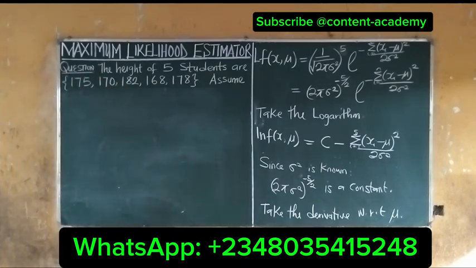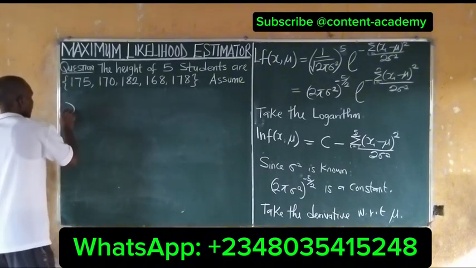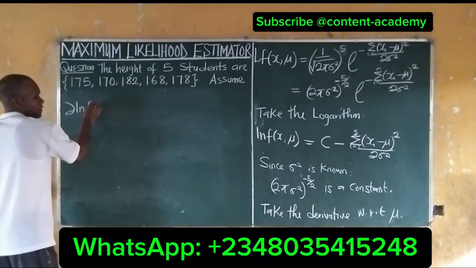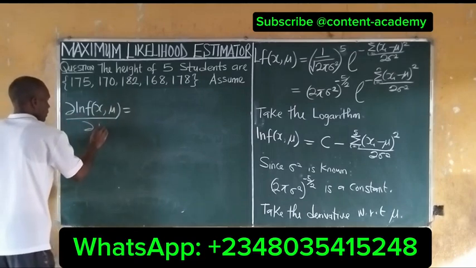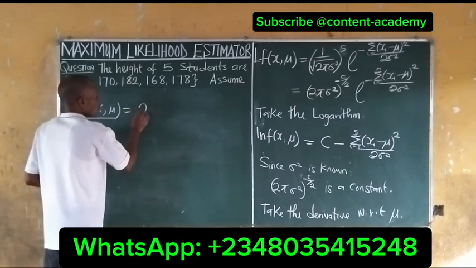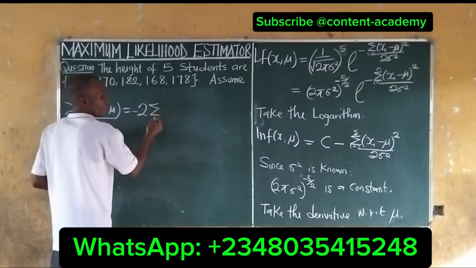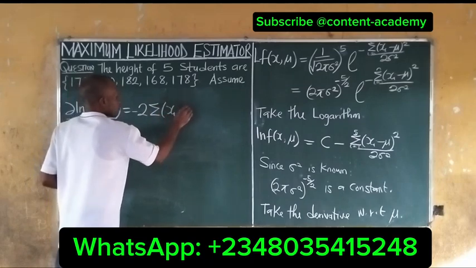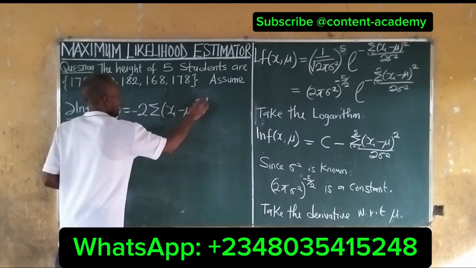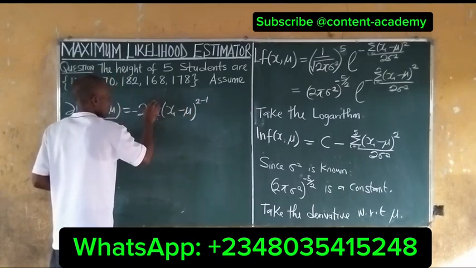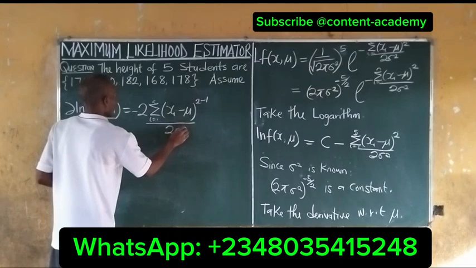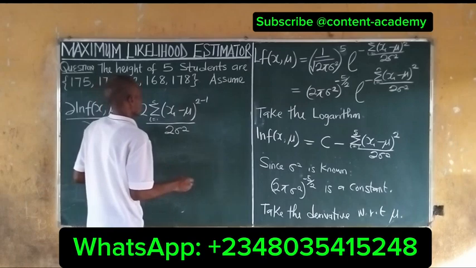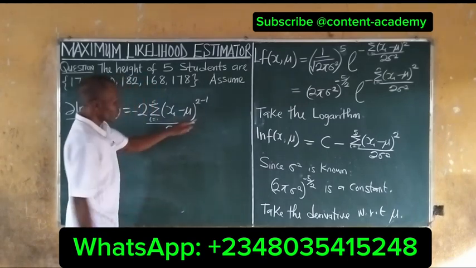If we differentiate that, we get our differential of log f of x, mean, to be equal to negative 2 summation of (xi minus mean) to the power of 2 minus 1, i running from 1 to 5, all over 2 sigma squared. So this is what we get.